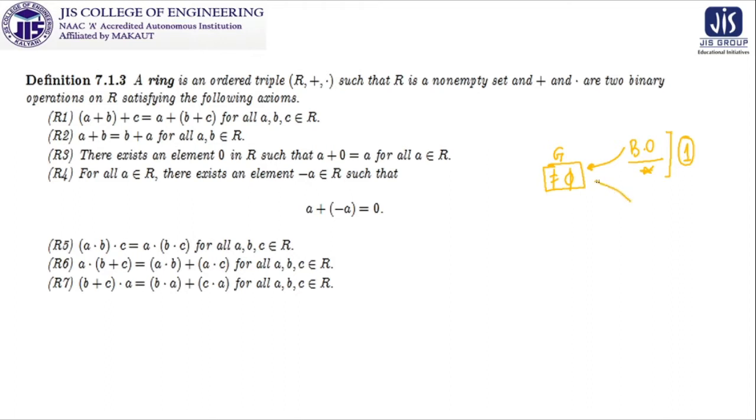In this same structure, along with this binary operation, if we want to associate another binary operation, suppose this is star 1 and star 2, then the number of binary operations associated with it will become 2.